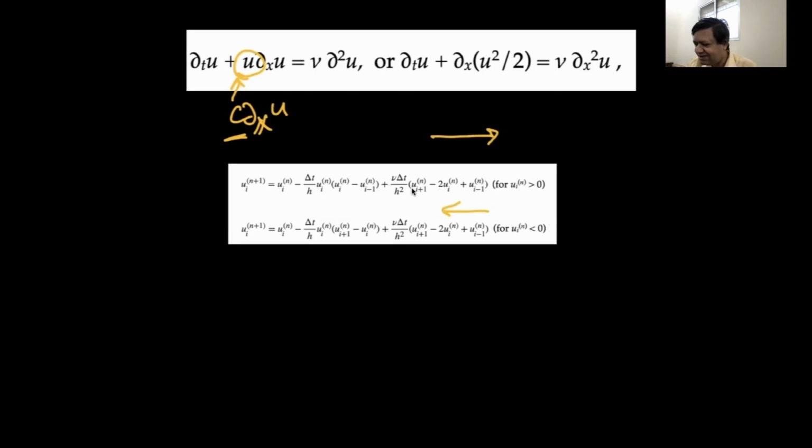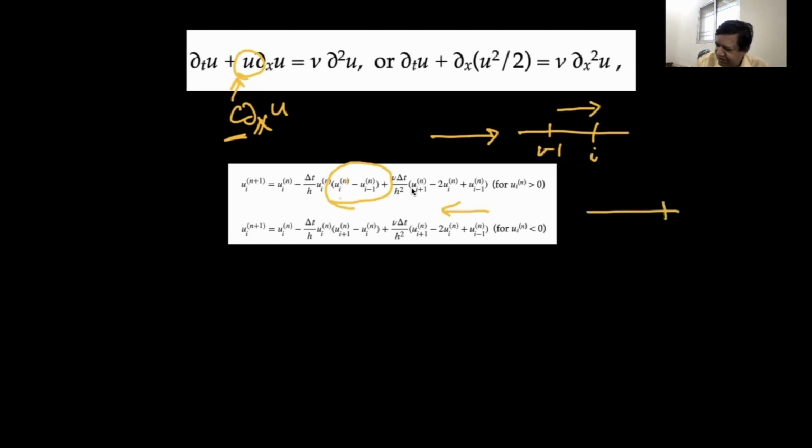So you can see that this is what I had written in the earlier slide: u_i^n minus u_{i-1}^n. The interpretation is that the signal at i is affected by i minus 1 if the wave is moving to the right. So the one in front will be affected by the one at the back when it's moving to the right.